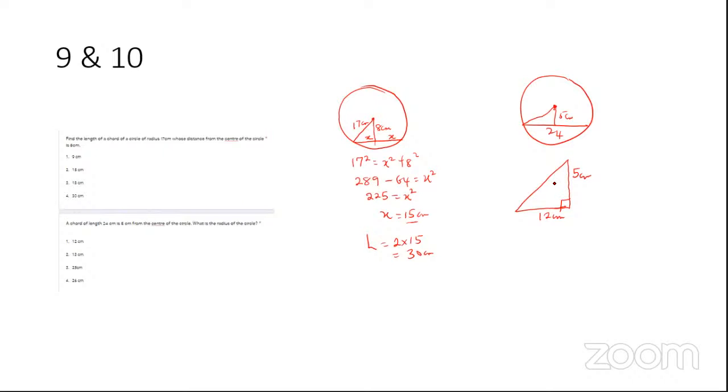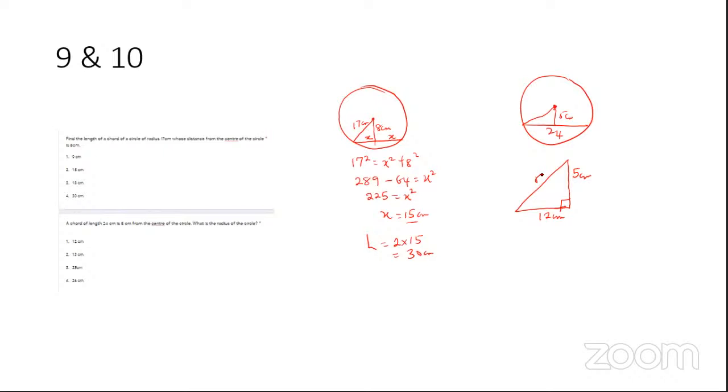Based on that, we can now find this particular side, the radius. So how do we get the radius from there?